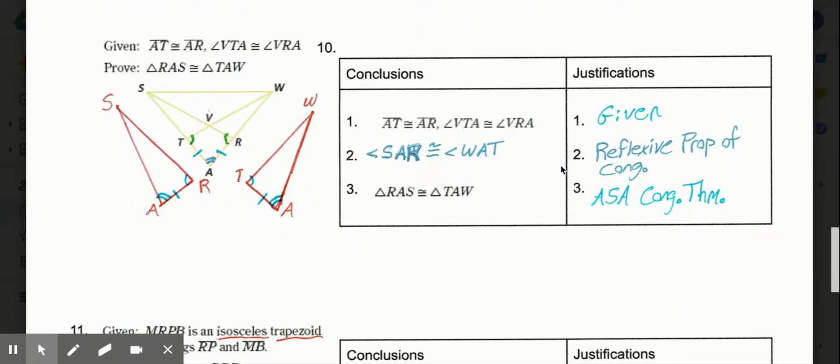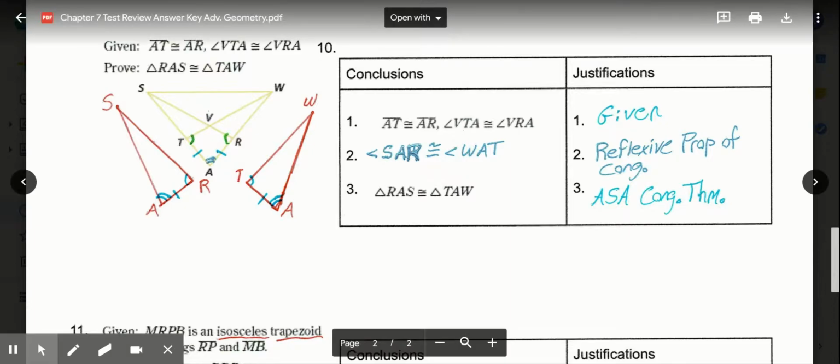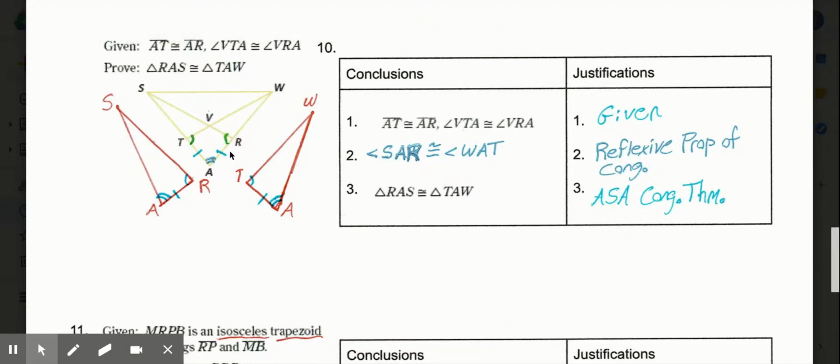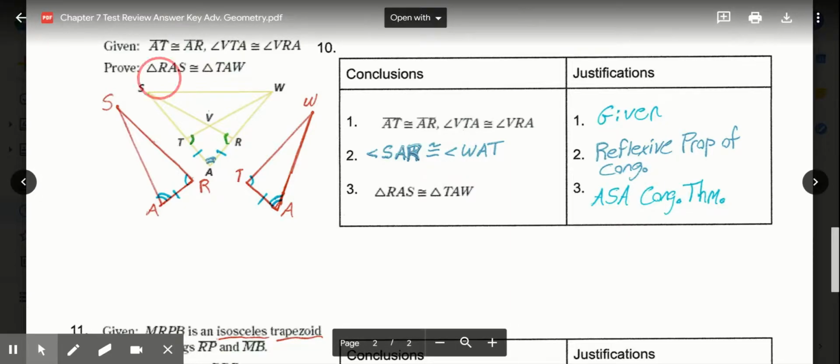Then number 10, we were given that segment AT is congruent to AR and angle VTA is congruent to angle VRA. So I looked at these overlapping triangle diagrams. I saw my final goal was to prove RAS was congruent to TAW.